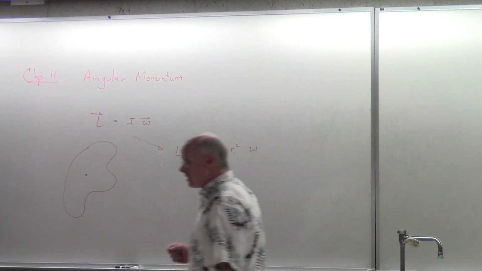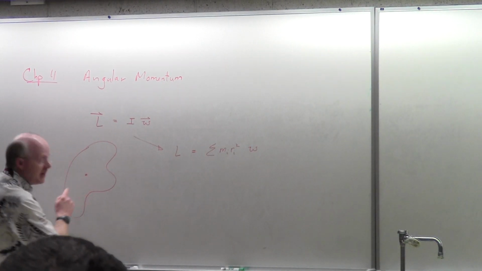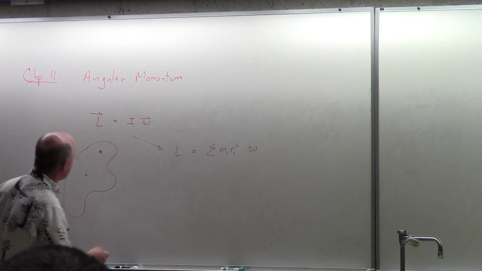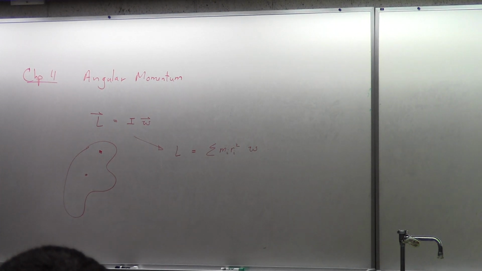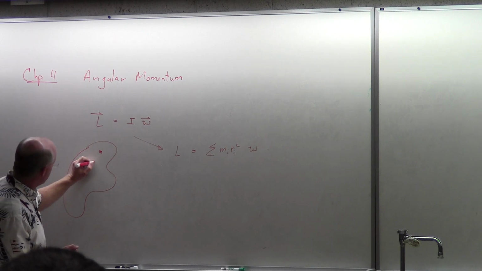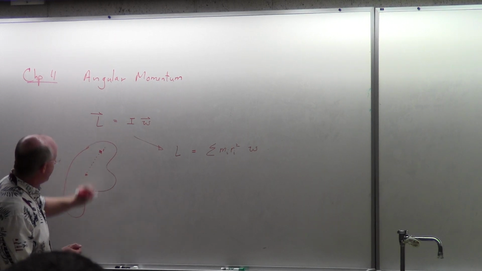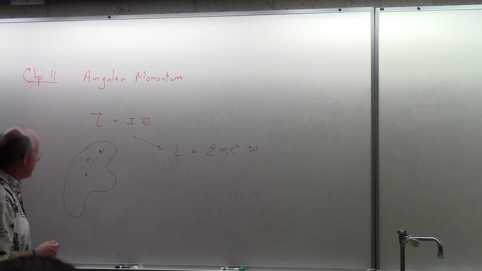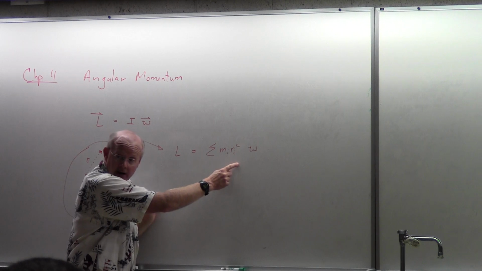But if you look closely at this, what is this saying here? Well, let's take a little chunk out here. Let's look at that chunk right there. If you look closely at that chunk, call it the ith chunk, it has some radius r sub i. That's what is meant in this formula, right?